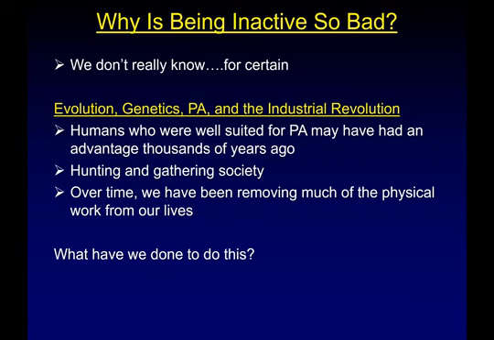Okay. So what we think happened is that if you look at our human genome, at the way our genes work in response to being more active and how they respond to getting food, it turns out that our genes are really, really good at promoting storage of the energy from a meal when we eat.